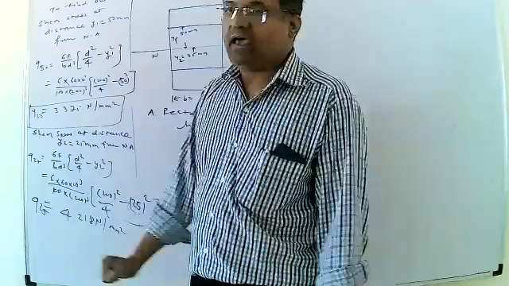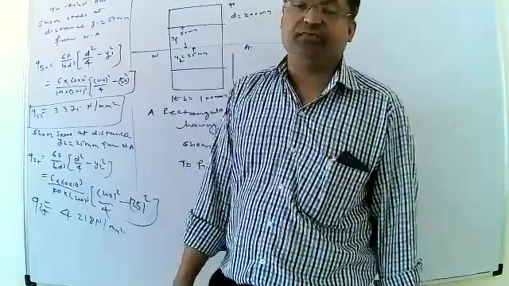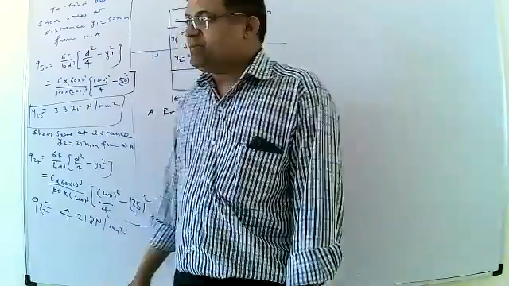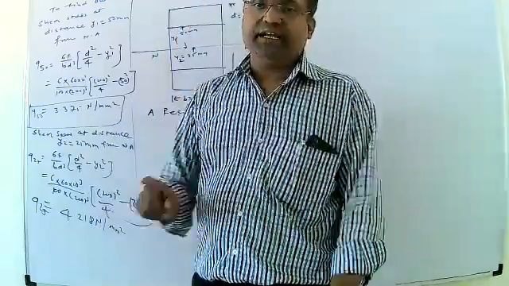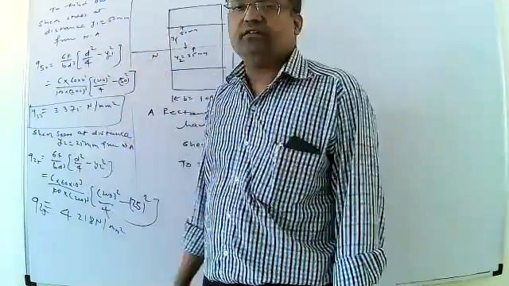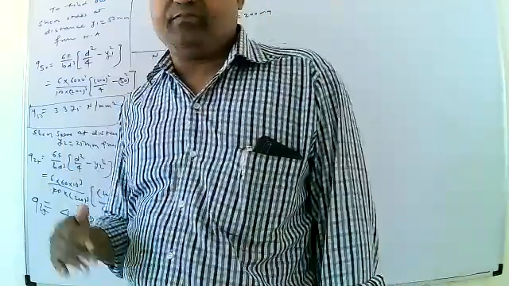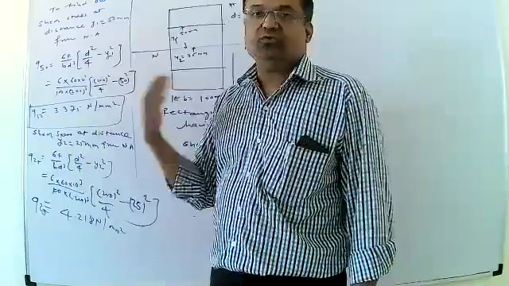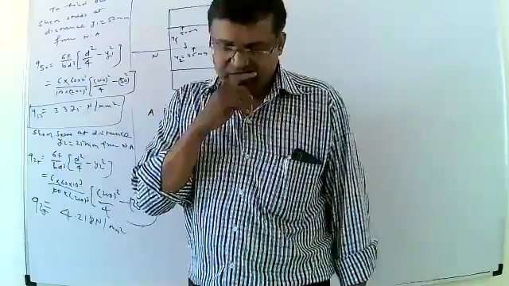Q50 is equal to 6F upon BD cube into bracket D square upon 4 minus y1 square. Then we put in the values of B, D, F, and y1, and you can easily calculate the unknown shear stress at a distance 50 mm above the neutral layer, Q50, in Newton per mm square.